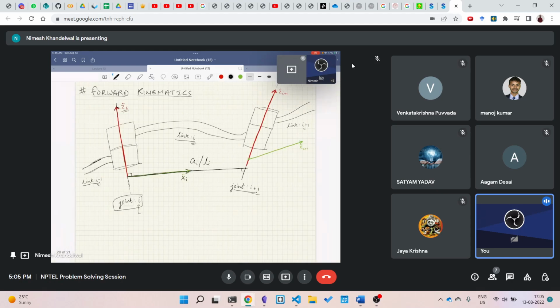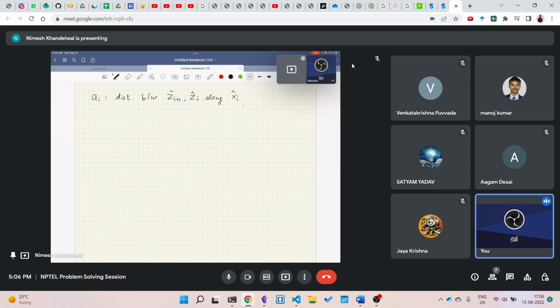Similarly, we defined alpha I, the angle between Zi plus 1 and Zi along the same Xi.